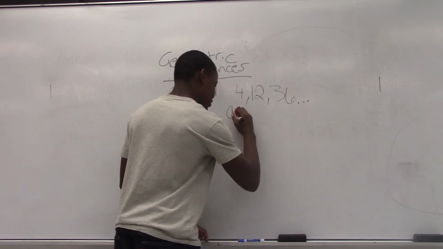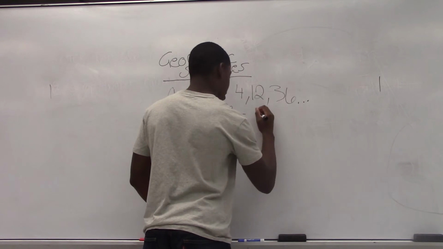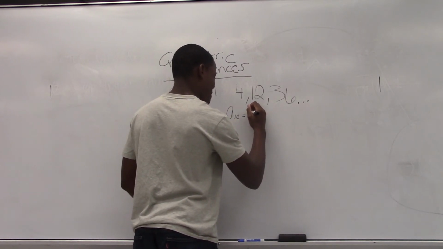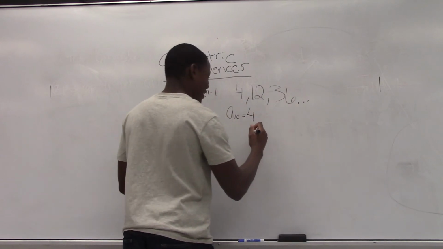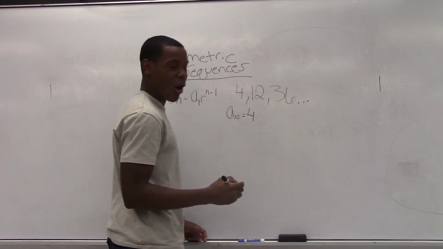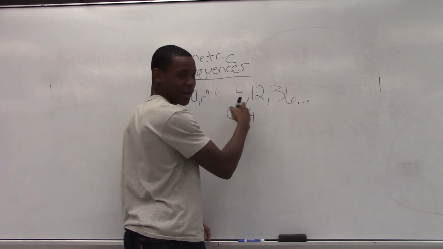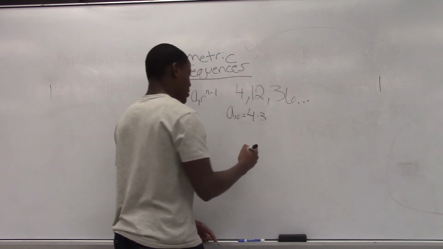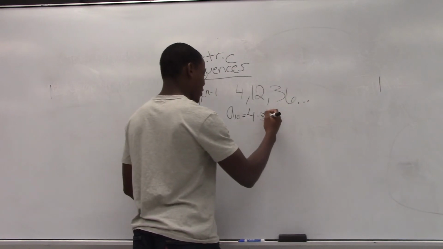You replace n with 10, and you use the first term in the first part of the formula. Now for the r, the ratio, we're multiplying by a ratio of 3. So you multiply 3 to the power of n minus 1.